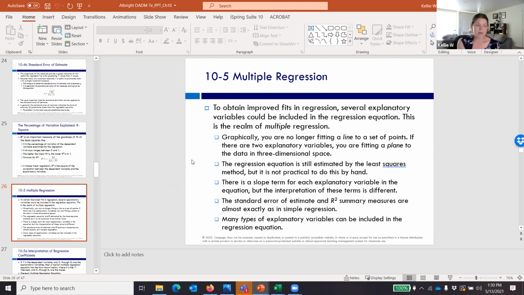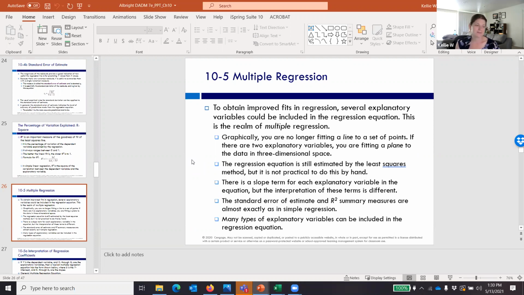This is where in your mind things get harder. We're no longer fitting a line to a set of points. Now we have to go up in dimensions. If we have two independent variables and one dependent variable, we're fitting a plane to a set of points in 3-dimensional space. Beyond that, we are in dimensions we cannot comprehend.